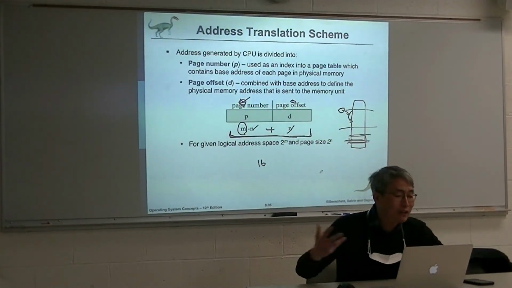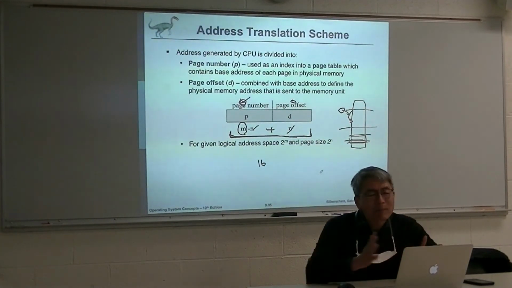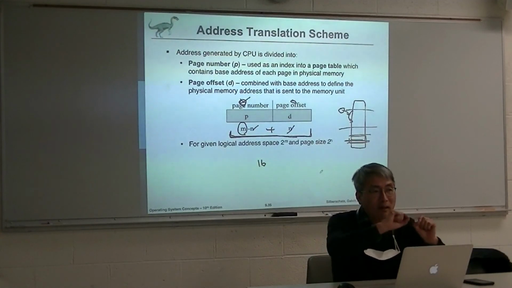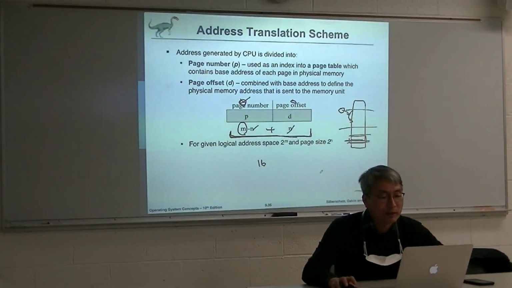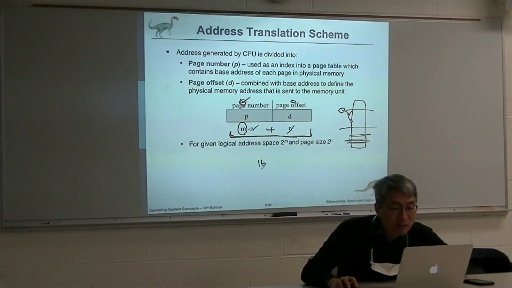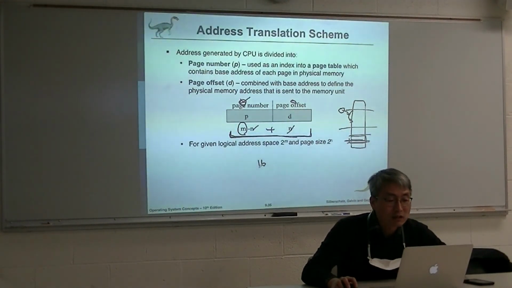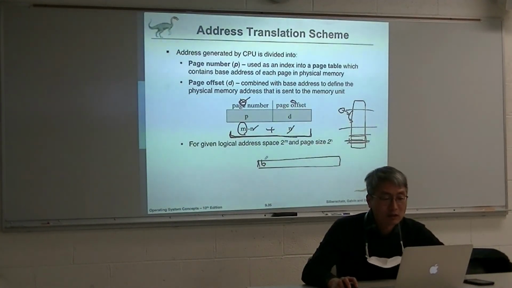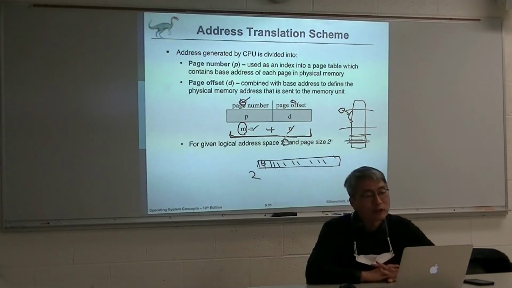Even though we got 32 bits, the CPU cannot process 32 bits because in one cycle it can process only 16 bits. So the address format will be determined by the processing unit. In the case of a 16-bit processor, you have a 16-bit address, so 2 to the power of 16. So m is determined by the processing unit.